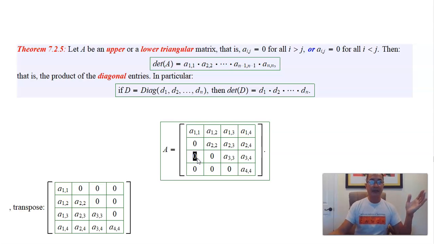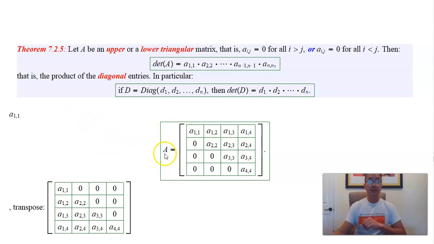Oh, sudden death. Okay, as soon as you pick an entry which is 0, it doesn't matter what the rest of that term is going to be. It's just going to get killed by that 0. So that whole term is 0. So the only choice from column 1 that has any hope of surviving would be A11.